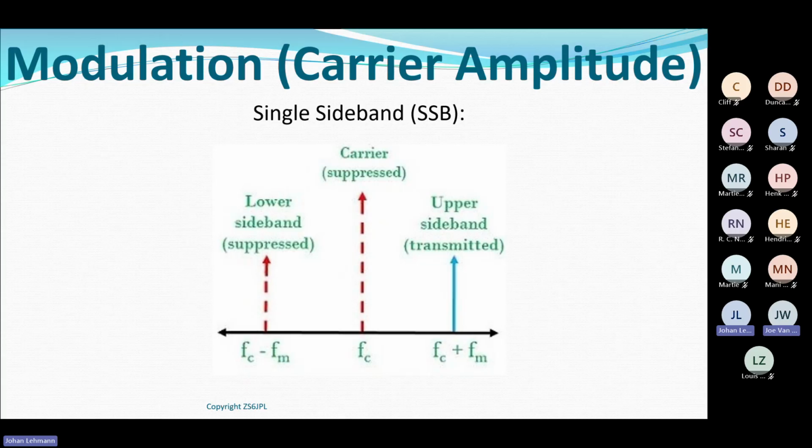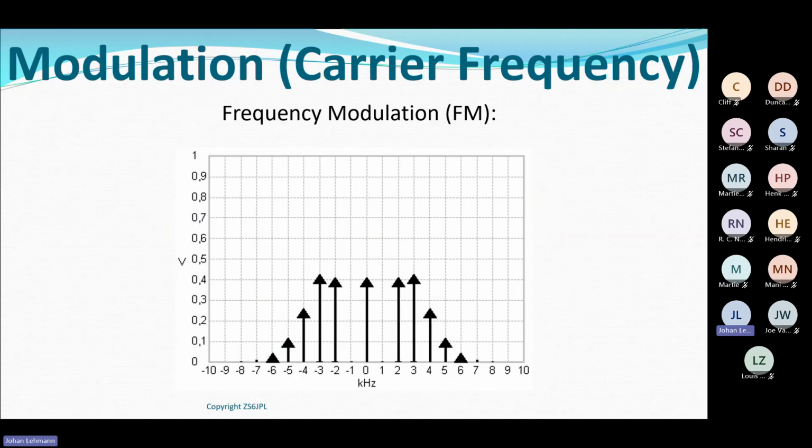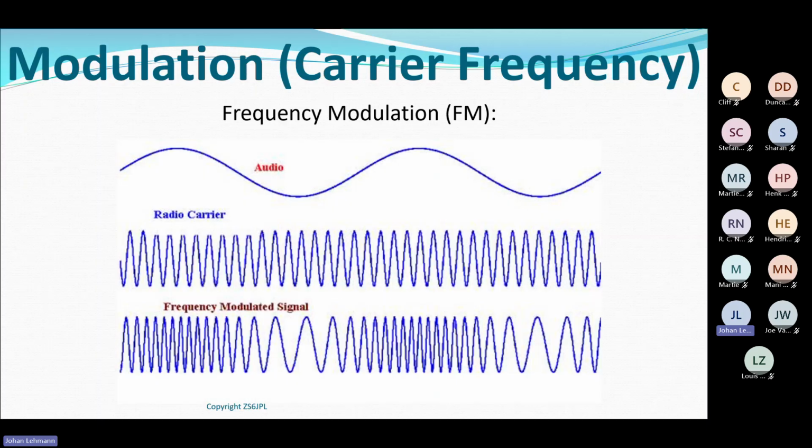Already I can tell you, let's just go back here. If we look at any AM signal, and this is some of the questions that could come from the exam, because we're changing the amplitude, my signal is more prone to interference from interfering stations or interfering devices. If I'm frequency modulating my signal, it's less prone to interference.